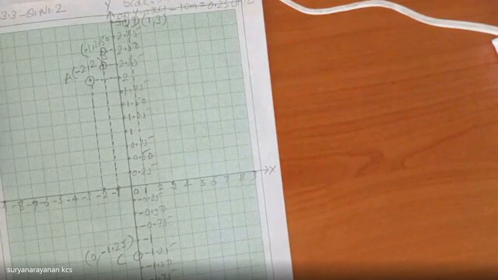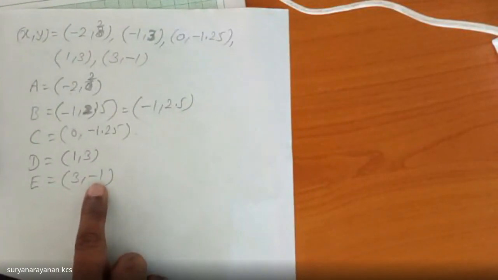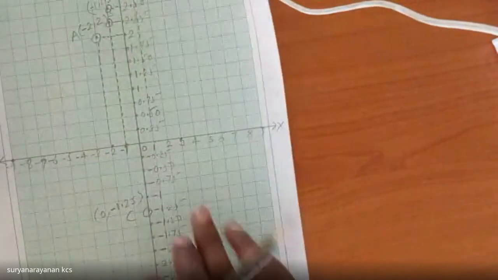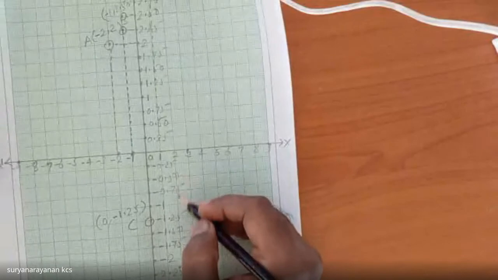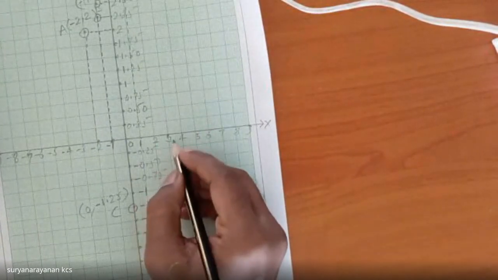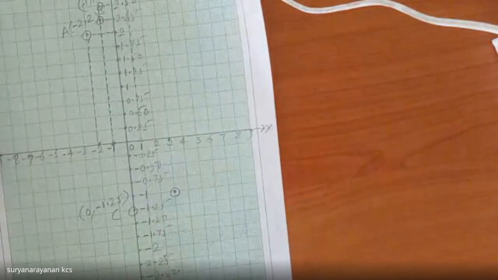What is y coordinate here? For point E, -1. Y coordinate is negative, so we have to move downwards. How many units? 1 unit. Not 1 centimeter. Don't be confused here, my children.